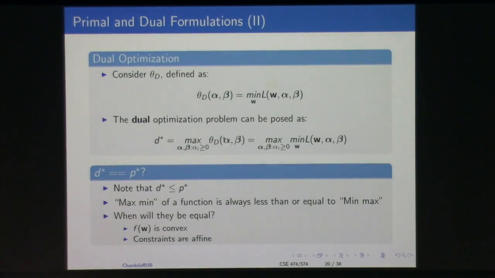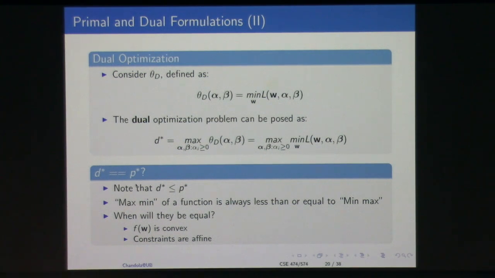But in future, let's say you're going into machine learning research, you will come into situations where you have some other optimization problem, and you might want to convert it into dual form. The thing that you need to check is whether the gap is 0, which means D star equals P star, or if you can at least show that the gap is very small. Sometimes they talk about weak duality.